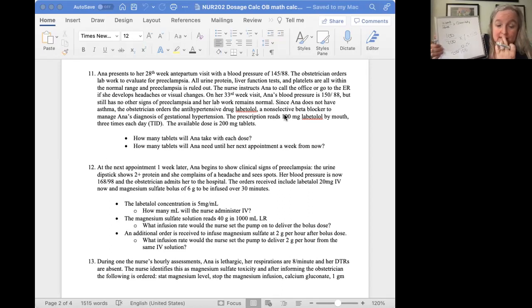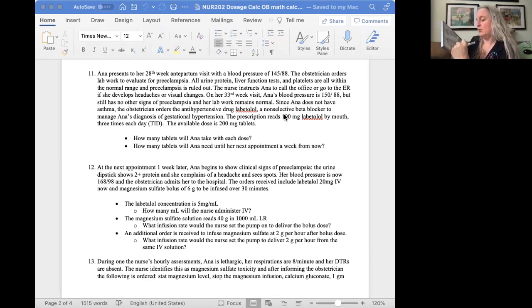Now, she is going to take a half a tablet 3 times a day. That's what her order says. And then the next part of the question says, how many tablets will Anna need until her next appointment a week from now? So we know that Anna wants to take a half a tablet each dose, right?